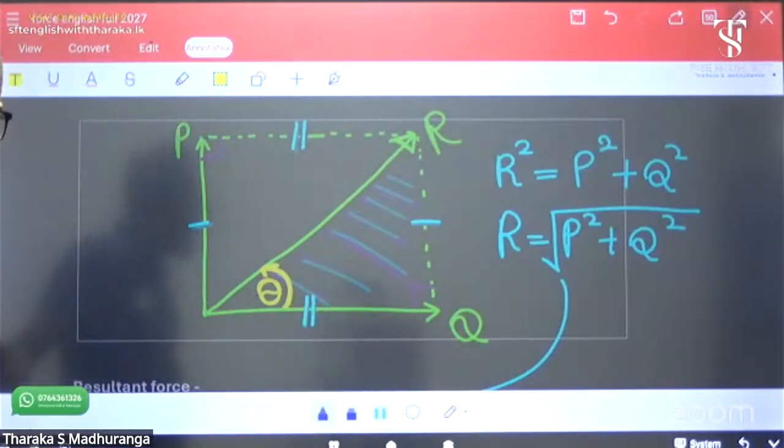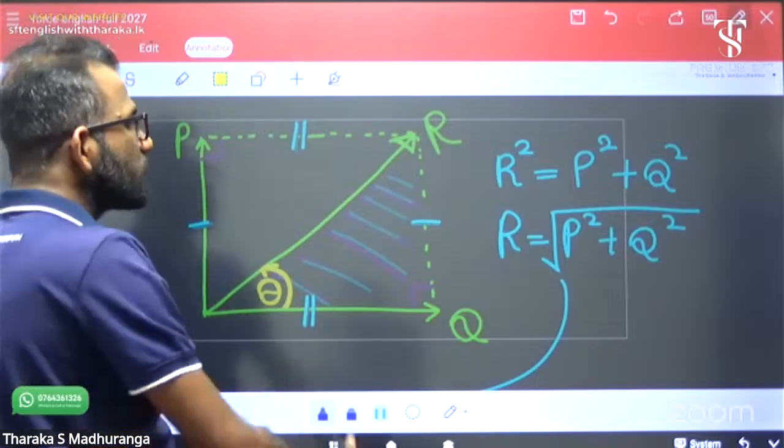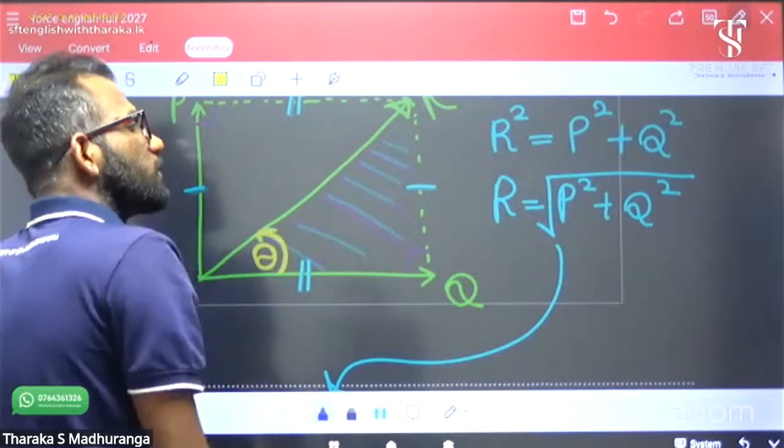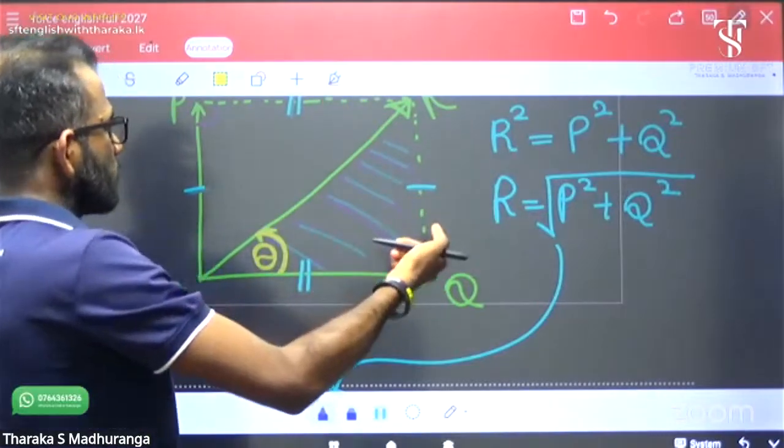Yes, in this place we have to use the tan inverse method.